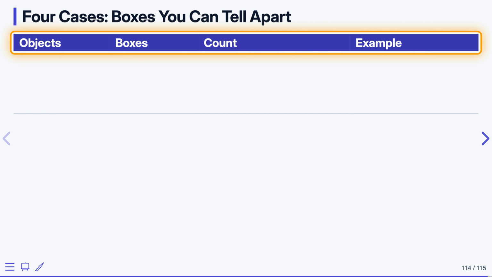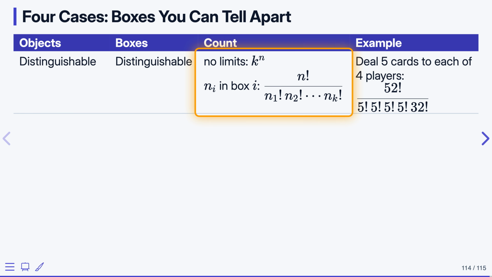These are the first 2 cases. Both of them use labeled boxes. Case 1, distinguishable objects into distinguishable boxes. If we place them freely, each of the n objects picks one of the k boxes. So the count is k to the power n.